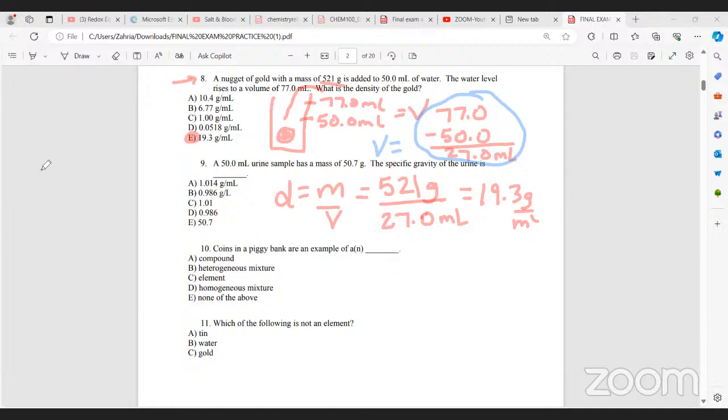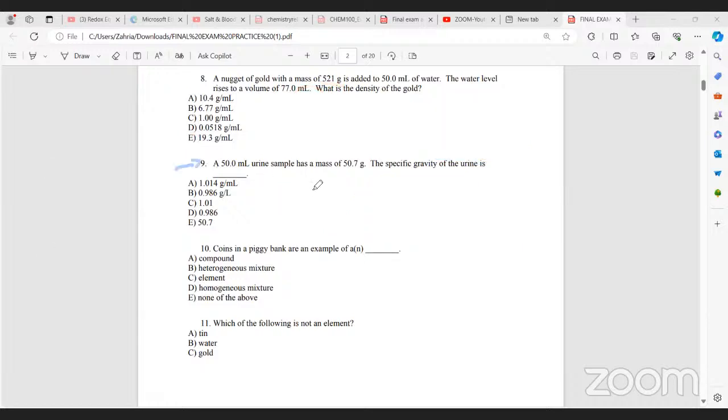Now, in this next problem, we've got, for number 9, it says a urine sample of 50.0 milliliters has a mass of 50.7 grams. The specific gravity of urine is, now here is the deal with this problem. Specific gravity does not have units, okay? It does not have units.